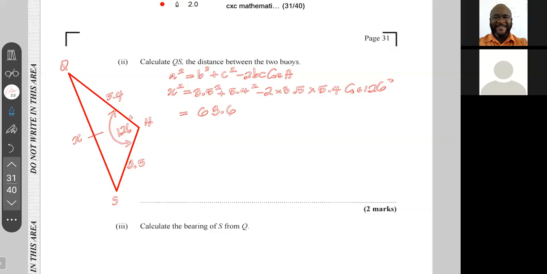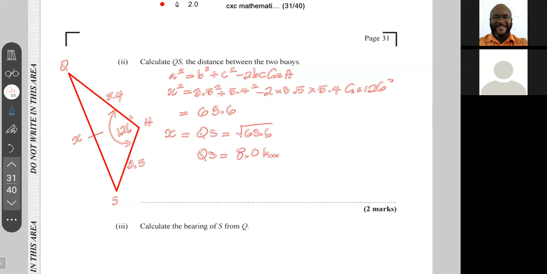The opposite of square is square root. So x, which is QS, is equal to the square root of 63.6. QS is equal to 7.97. So I'm going to round it up to 8.0 kilometers.